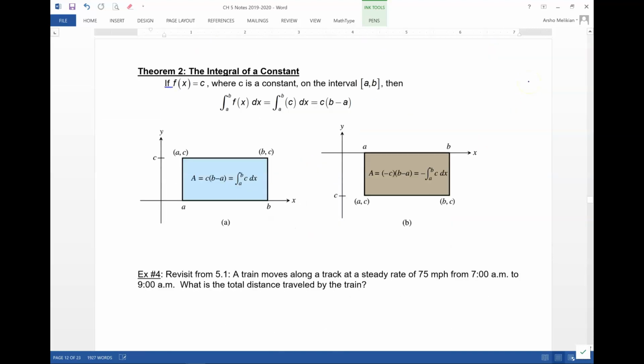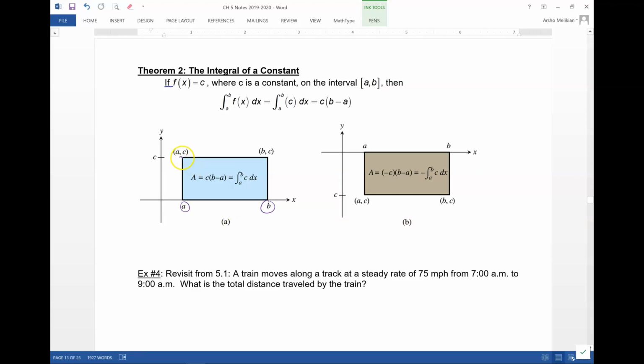Okay. So then what's the integral of a constant? What if f of x is a constant c, like y equals 3, our favorite constant function? Then take a look at what it looks like. If I have f of x equals c, it's that horizontal line. And if I'm looking for the integral from a to b, then I have a straight-out rectangle. So how do I find the area of that?